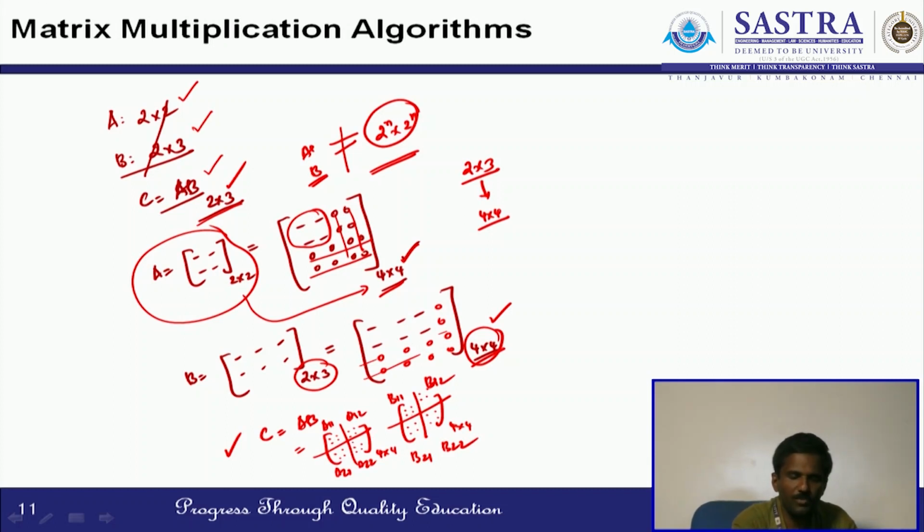A is represented in this form, A, and this is B. Consider each Aij as a 2 by 2 matrix.